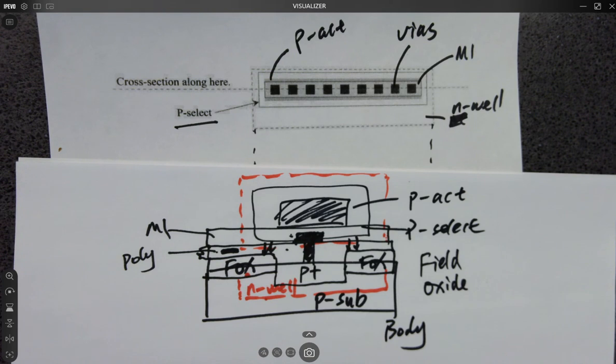Remember, it's bottom up, starting from the bottom layer, and draw layer by layer to the top.